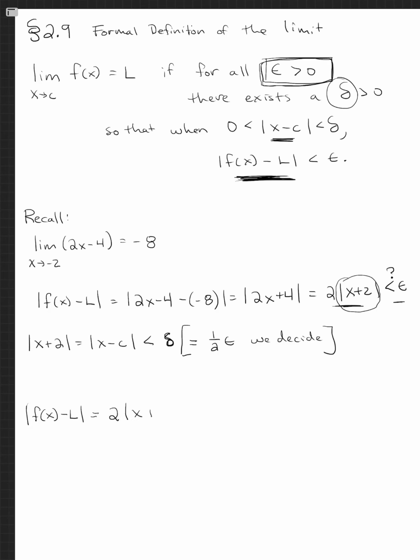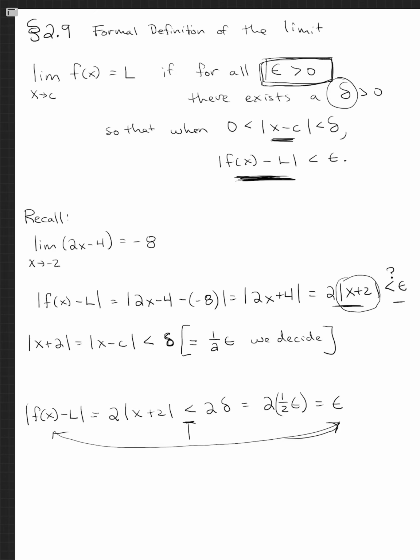Right? And if we plug that in, we get that the absolute value of f of x minus L is equal to 2 times the absolute value of x plus 2, which is less than 2 times delta, because x plus 2 is less than delta, which is equal to 2 times 1/2 epsilon, which is equal to epsilon.